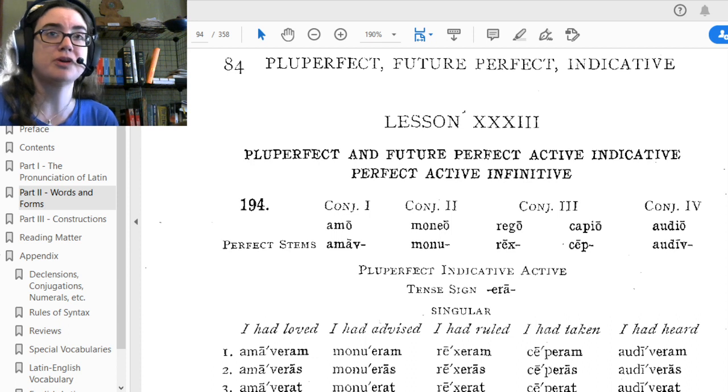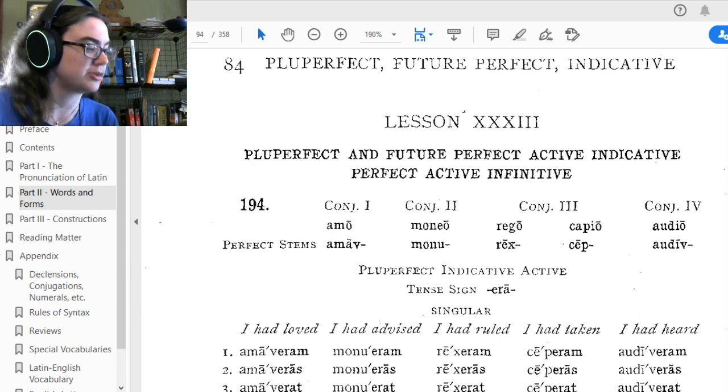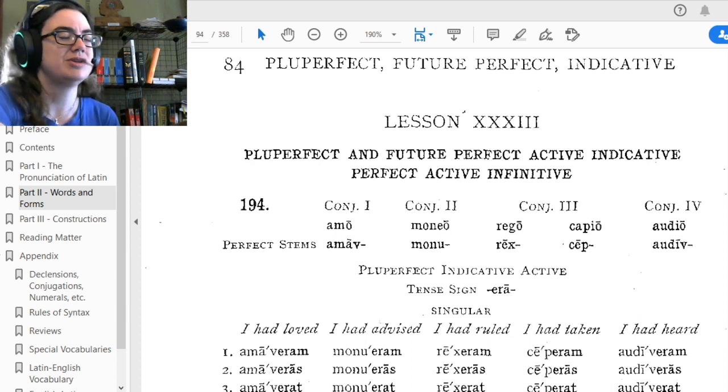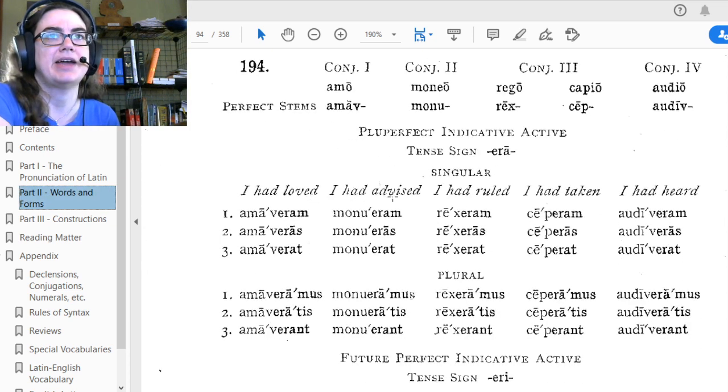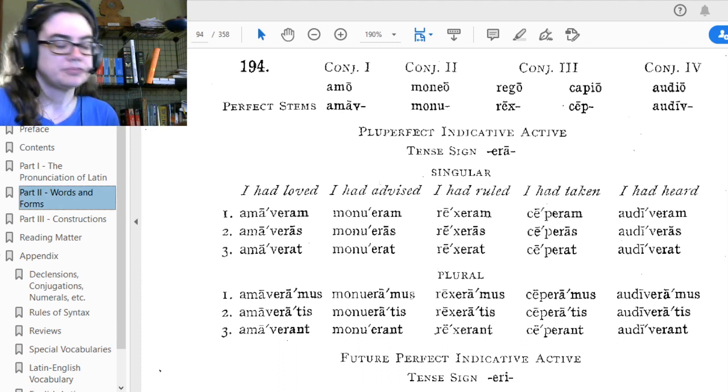For the pluperfect, yep, we're starting with the pluperfect, which is less common, but it means I had something. In the past time, I had loved, I had advised, I had ruled, I had taken, I had heard.